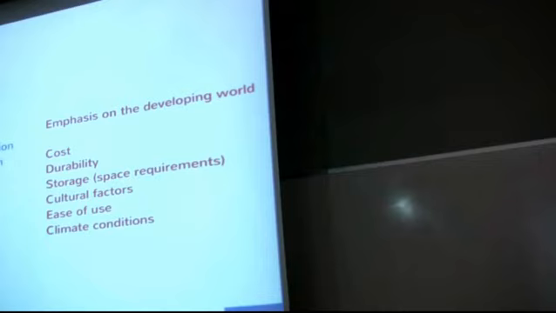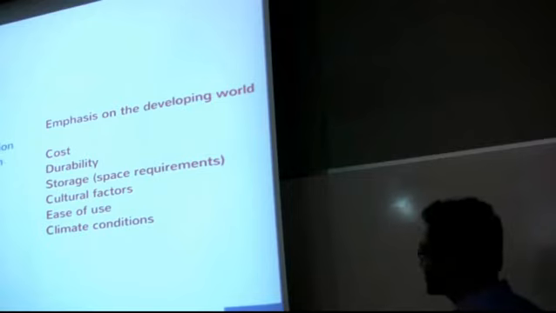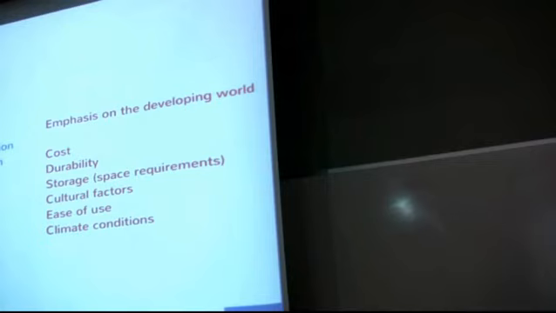As engineers, we never think about these, but it's quite important that we do, if you actually want your technology to be successful. So this kind of stuff is something you need to think about right from the technological point of view, even as you do your first designs. Ease of use and climate conditions are part of this.